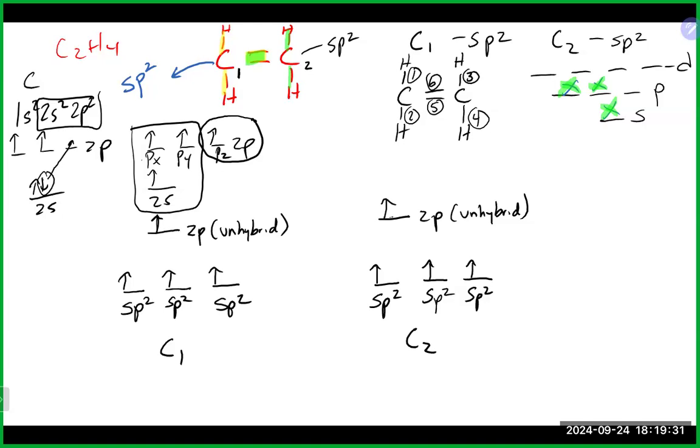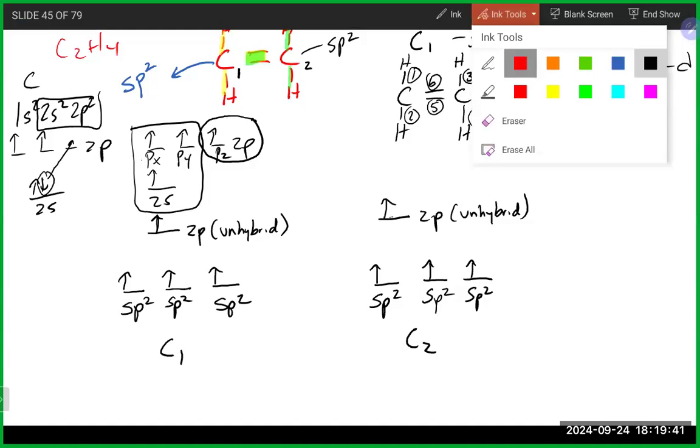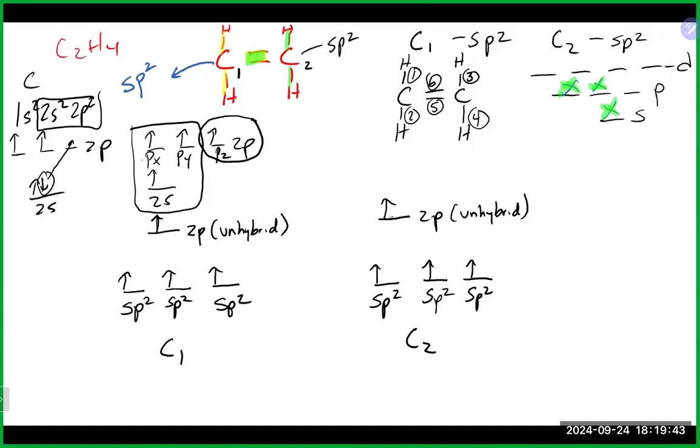In addition to those carbon electrons, we have 4 hydrogen atoms hanging out. So I'm just going to draw the hydrogen atoms to the right and left of these guys. We have a hydrogen atom that has a 1s orbital with 1 electron in it.